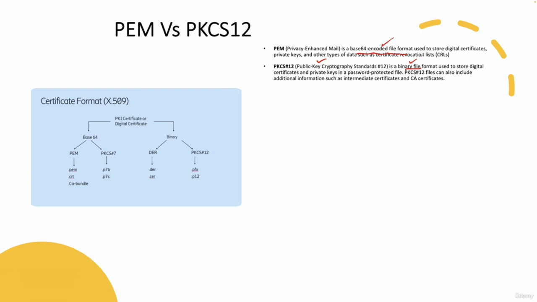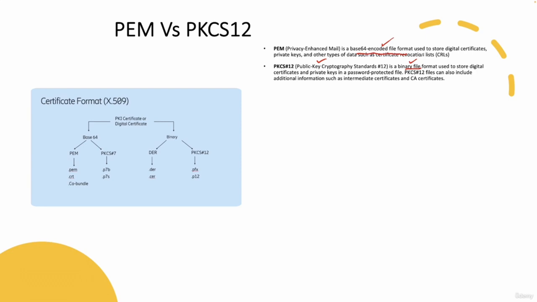And this is actually used to store digital certificates and private keys. Only two things. Always remember, PKCS stores digital certificates and private keys, but it can be in a password protected file. Always remember that. So it is a binary file format which is used to store digital certificates and private keys in a password protected file. Very important.